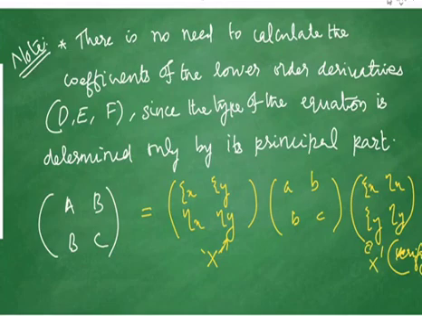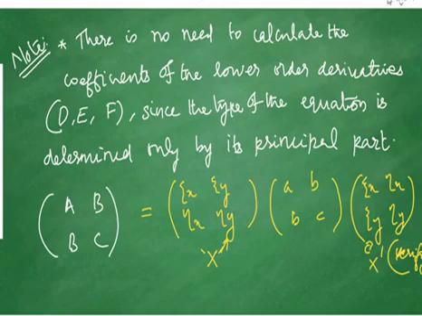So X and X transpose are the two matrices on the left and right of the matrix with the small letters A, B, B, C. And what is this matrix A, B, B, C? These are the matrix of the coefficients of the principal part of the given equation.